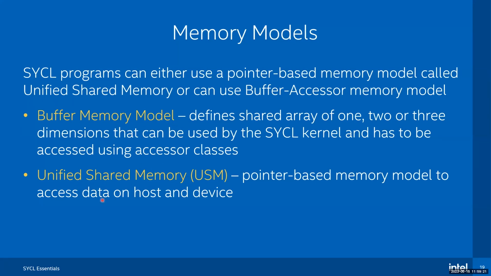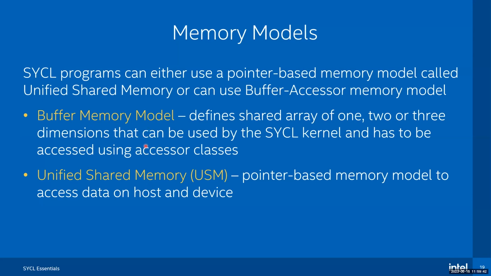If you're more familiar with the C++ pointer-based memory, you can continue using unified shared memory, or you can also look at the buffer memory model if you want to. If you're dealing with more 2 and 3 dimensional data, it might make representing the data easier, but there is no functionality bias.